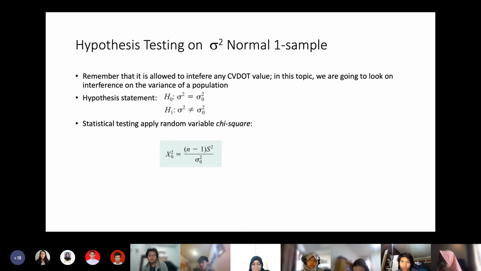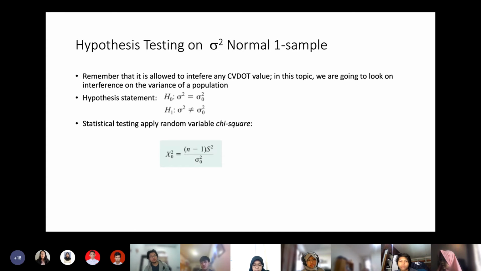The null hypothesis and the alternative hypothesis that we can construct are as follows. The null hypothesis is sigma square equals sigma 0 square, and the alternative hypothesis is sigma square is not equal to sigma 0 square.